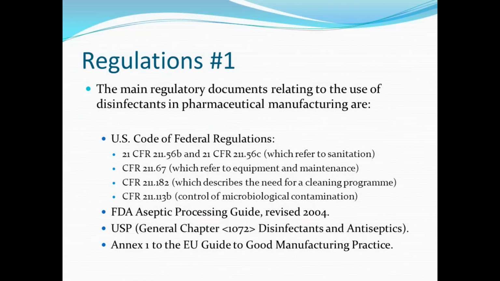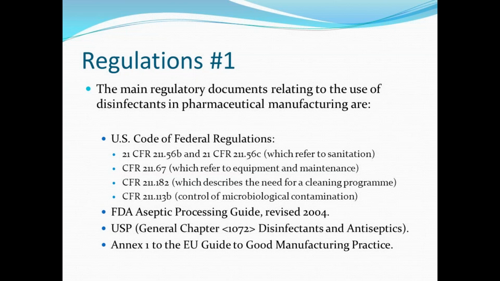Okay, so to start with regulatory advice, the main regulatory documents that relate to the use of disinfectants in pharmaceutical manufacturing fall under the US Code of Federal Regulations. Now this is a legal document, so unlike EU GMP, which is guidance, in the US, the Code of Federal Regulations are passed by the US Senate, and they are legally enforceable.